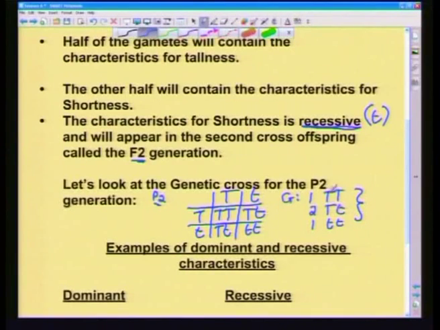If we look at the phenotype, all the plants that now possess the capital T are going to be tall. So we're going to have 75% of the offspring tall, and 25% short.